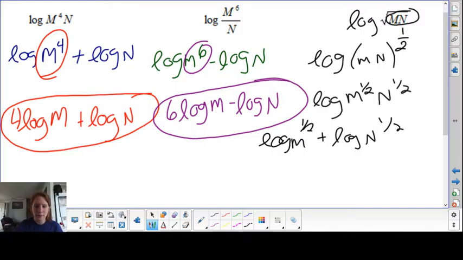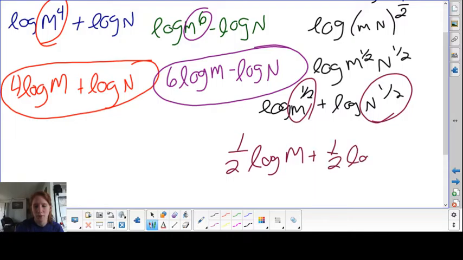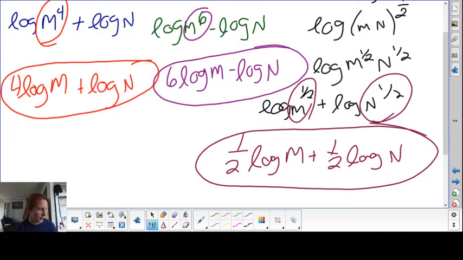And again, we see we have exponents going on in there, right here and here. And we know that exponents come down as a coefficient. So I have 1/2 log of m plus 1/2 log of n. And nothing else can be simplified, taken away, or expanded.